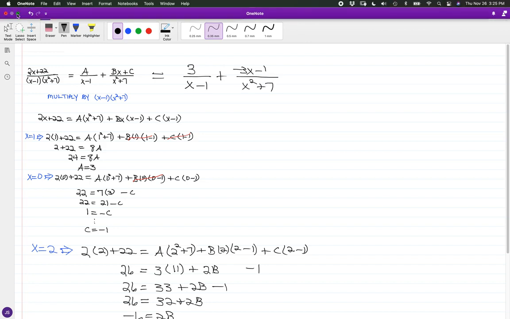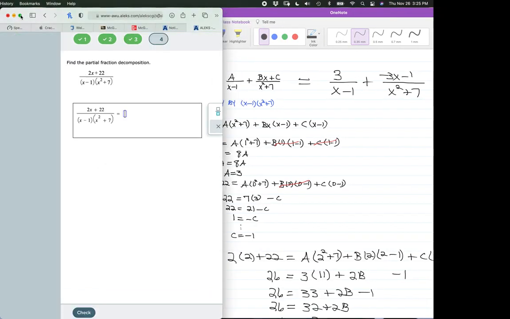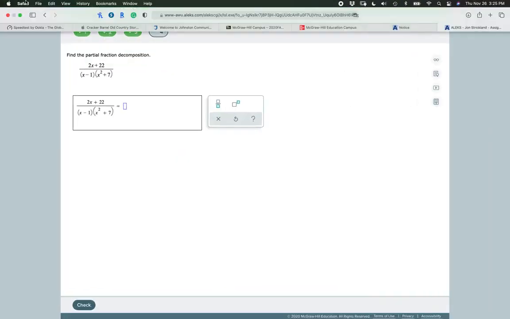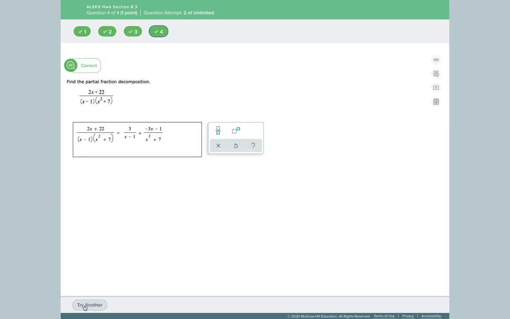And just taking what we have here, so you have 3 over x minus 1, and we have plus, in the ratio, negative 3x minus 1 all over x squared plus 7, and checking the result, it is also correct.